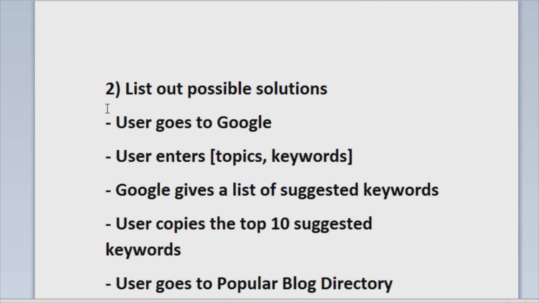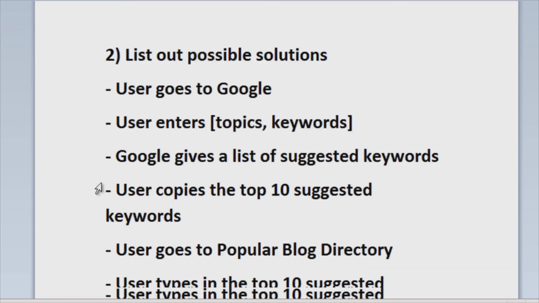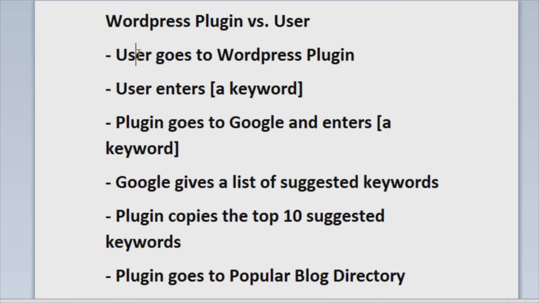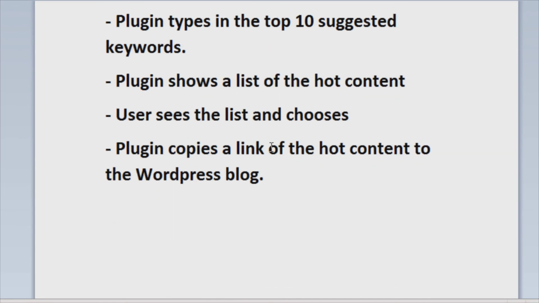So first things first, you go through here, you list it out, then you reorganize it. And if you notice, what I'm trying to do is just show what the user sees. The user goes to the WordPress plugin, they enter a keyword, but when it comes time to go outside, the plugin goes and does the rest, and then it pretty much finds the content for us.